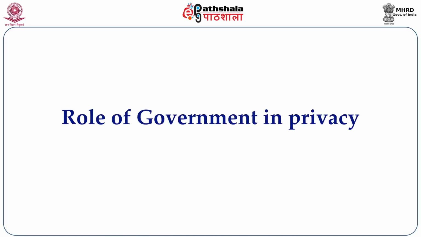Now, the government and privacy. The government also gathers and stores data on citizens, residents and visitors. First is authentication. Authentication documents usually come from the government. The government has to regulate the businesses that use identification and authentication keys.